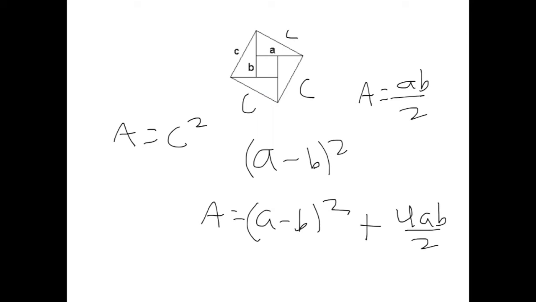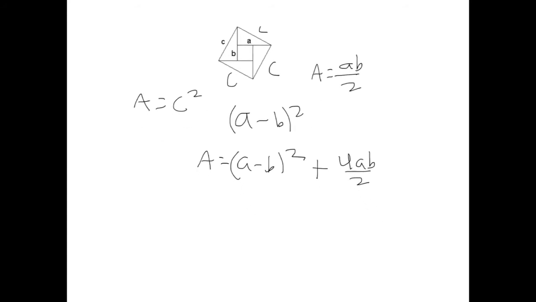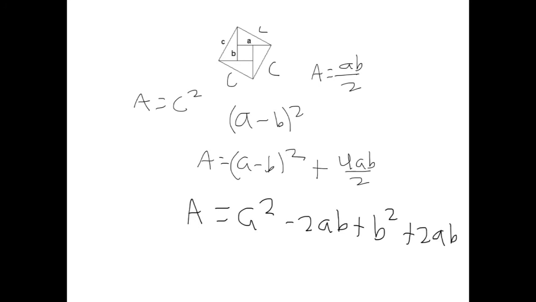plus 4AB over 2. So we are going to FOIL this out, and it becomes A squared minus 2AB plus B squared plus 2AB.